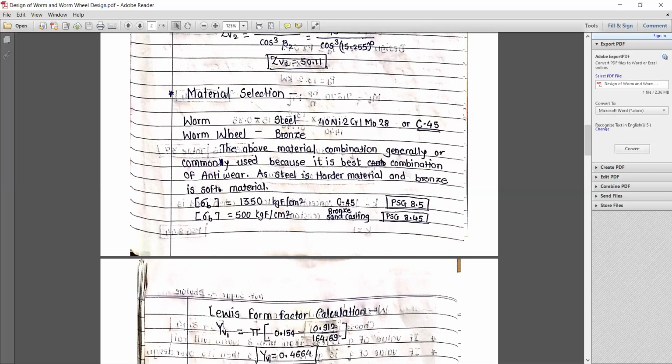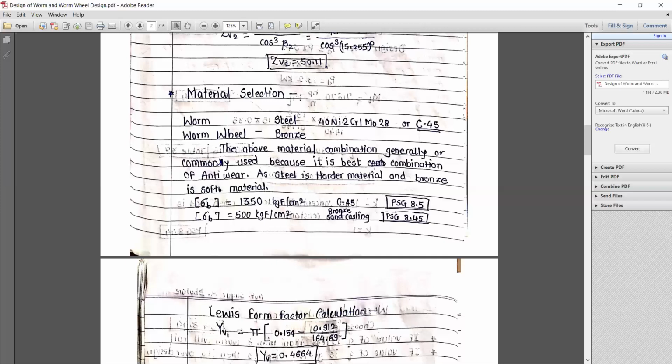Because of these two conditions, we are using steel material for the worm and bronze material for the worm wheel. The worm is made up of steel and the worm wheel is made up of bronze.